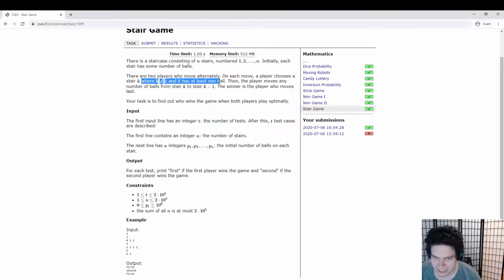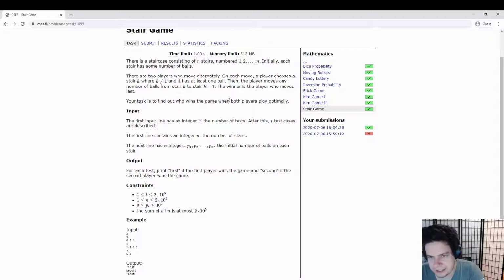The thing which is not so easy to see is that the third stair also doesn't matter. The reason is, if you move any balls from the third stair to the second stair, I can just move the same number of balls from the second stair to the first stair, and then we're back at the same position, and it's your turn again, except there are fewer balls on the third stair.